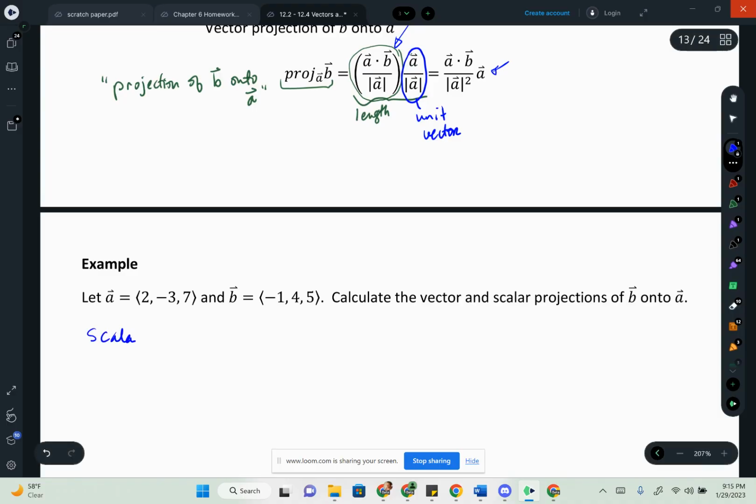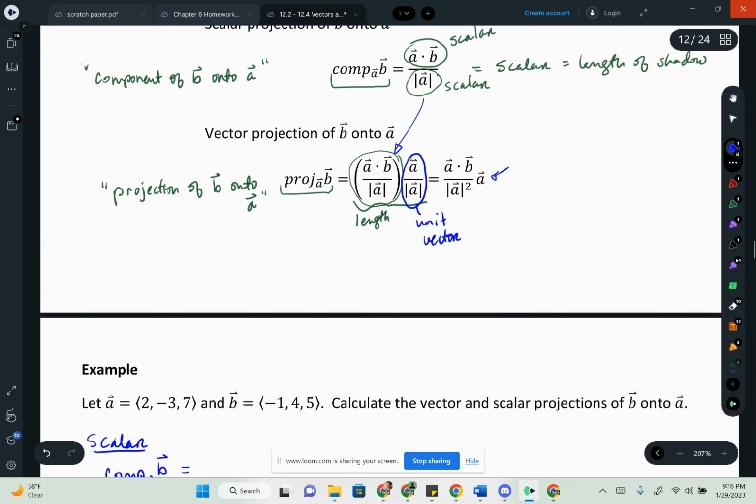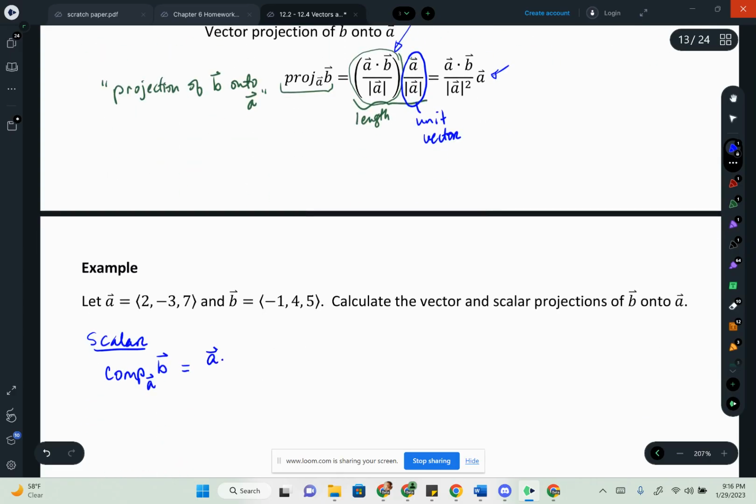So the scalar, that's going to be the component of B onto A. I really stress my A down low so I don't get confused. And from the formula up above, it's A dot B over the magnitude of A, which is going to be the 2, -3, 7, dotted with -1, 4, 5, all divided by the square root of 4 plus 9 plus 49.